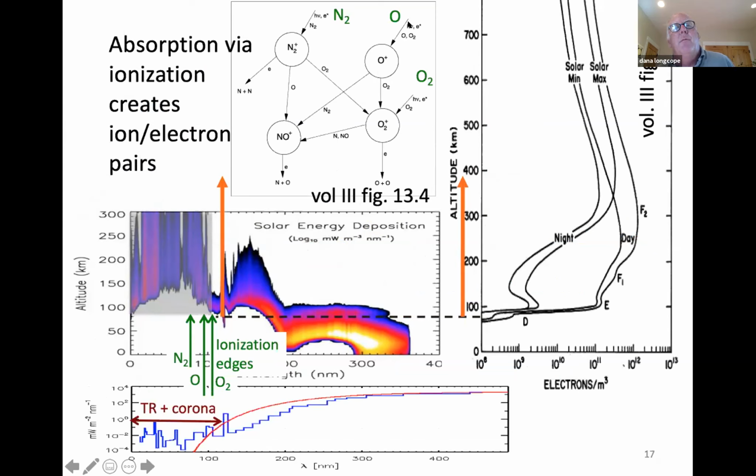So this diagram says if you have oxygen and you hit the right energy photon, you will become oxygen plus. If you have nitrogen and you hit the right energy photon, you're going to become N2 plus, et cetera. And so that's where those things are: ionization of O2, atomic oxygen, and nitrogen. That's what gives rise to those jaggies. And that's also where you get all these free electrons.